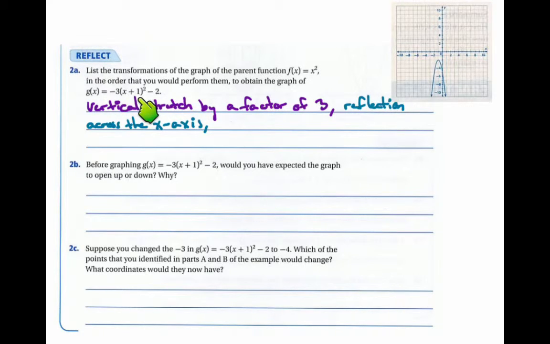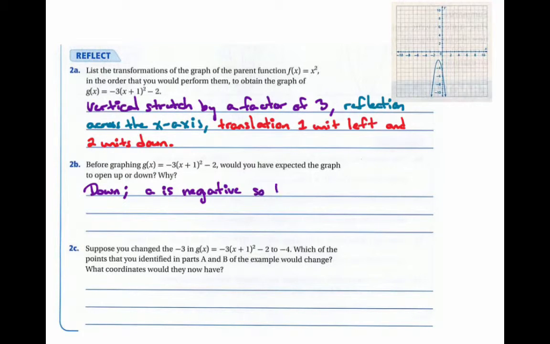Our h is negative 1 and our k is negative 2, so that means we would translate 1 unit left and 2 units down. Okay, before graphing this, would we have expected the graph to open up or down? Why? a is negative, so of course it's going to open down, so the function is reflected across the x-axis.